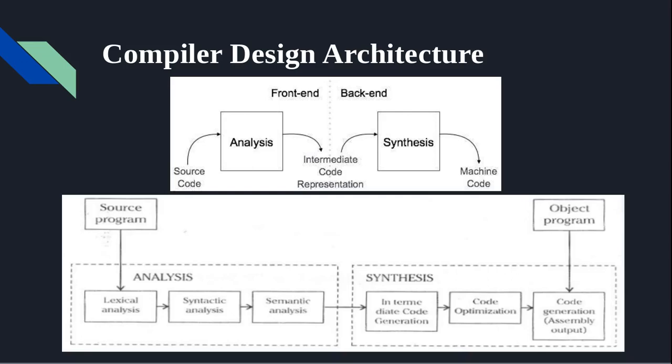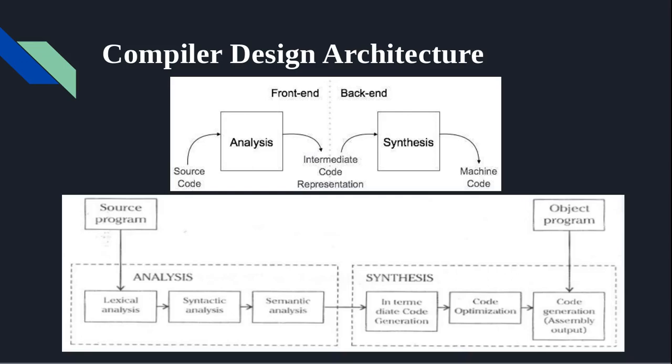Analysis part actually contains a set of phases. Synthesis part also contains a set of phases. The phases which are part of analysis stage are machine independent, but the phases which are part of the synthesis stage are machine dependent.